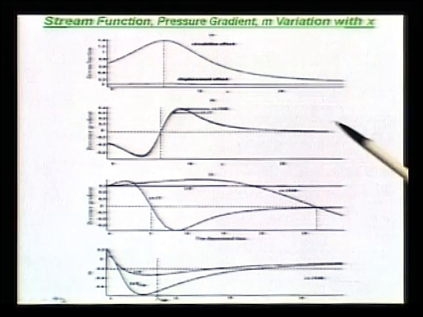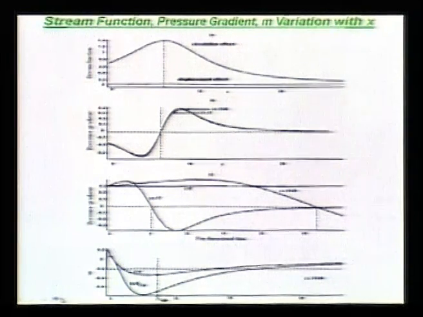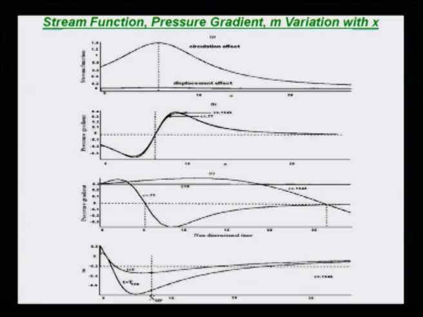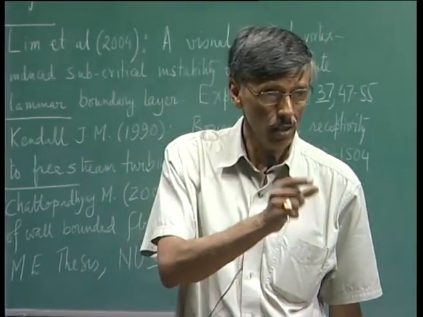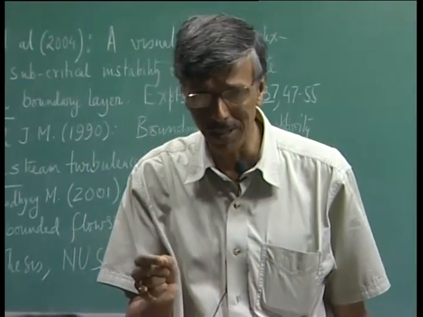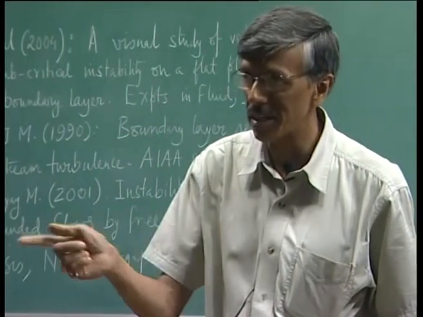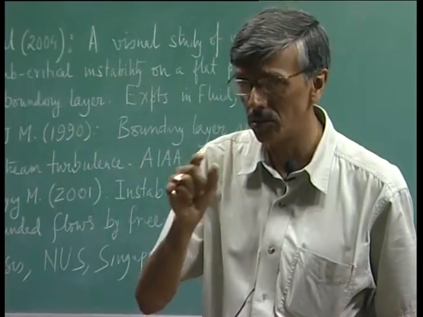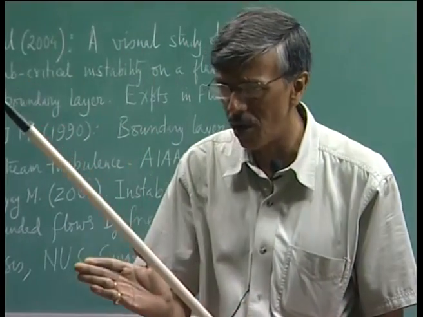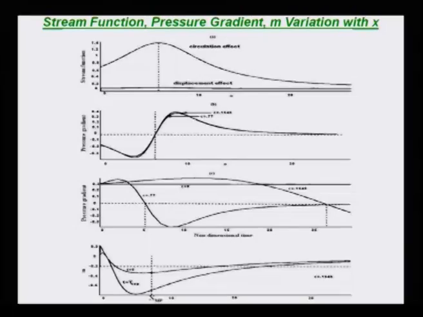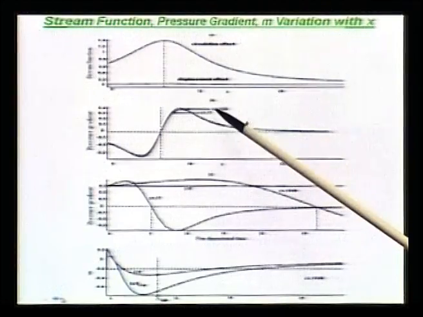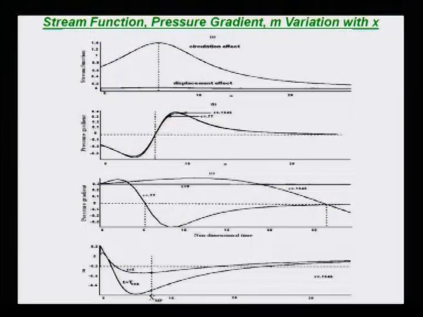I did not show you 0.15, but the 0.15 case had a much larger receptivity. That is why we commented that the lower the speed, the more will be the effect, and the higher the speed, when the relative speed comes to almost 0, then you would not see any effect at all.